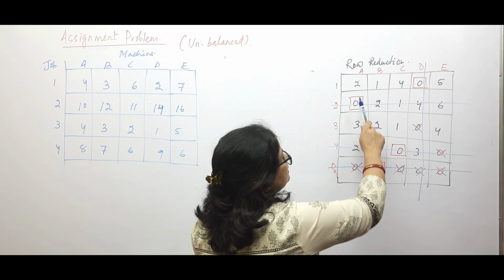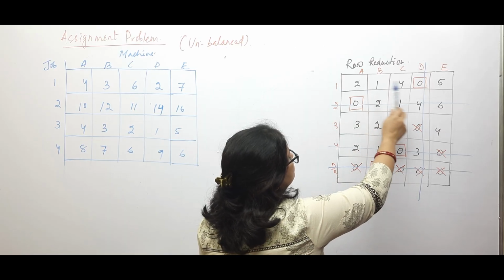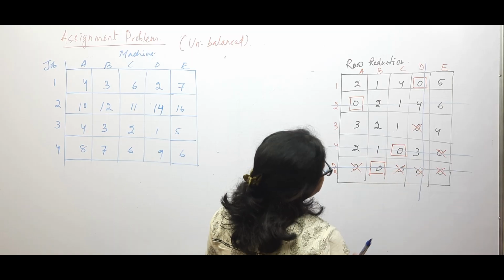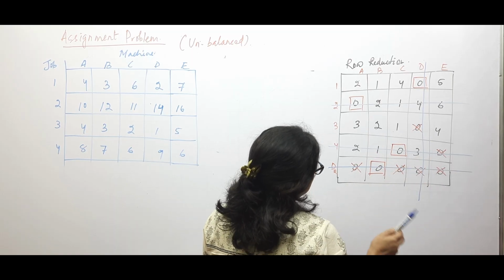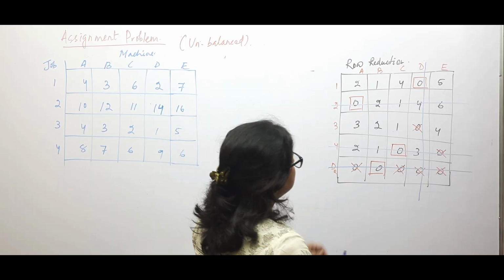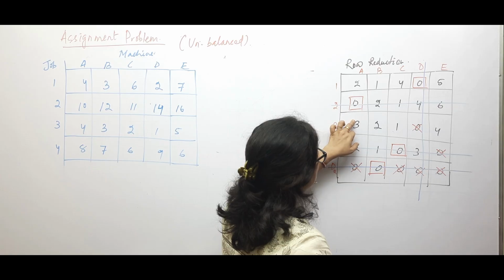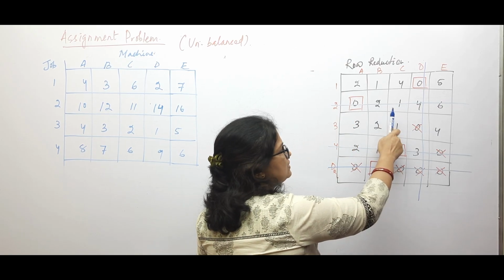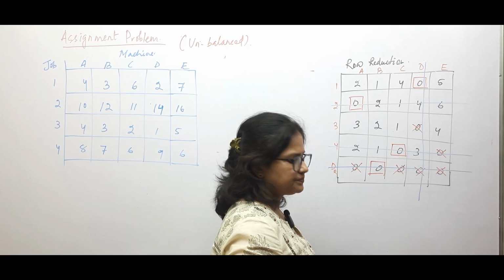If you see, our uncovered cells are like 2, 1, 4, 5, 3, 2, 1, then 4 here, this. So what is our minimum cost or the least cost? If you see here, we have 1 is the least cost.